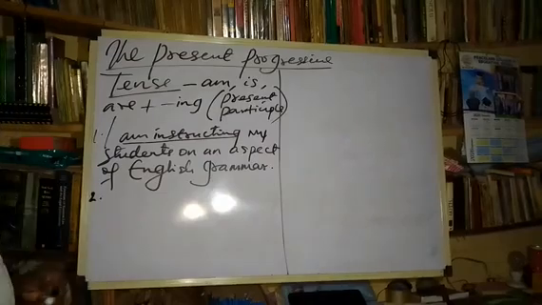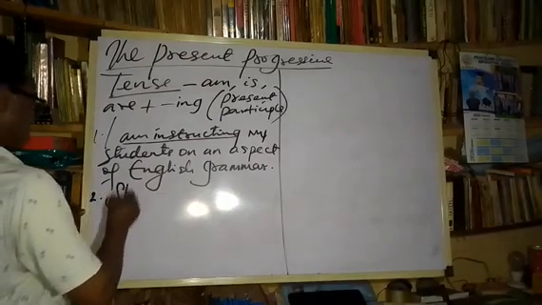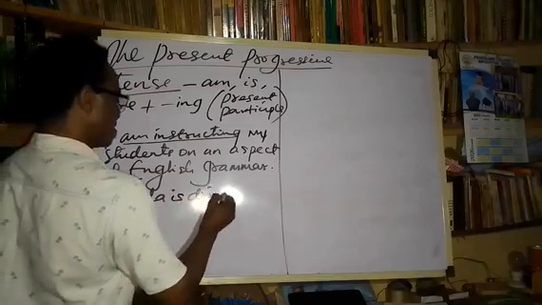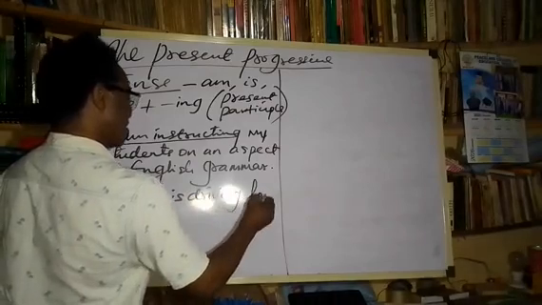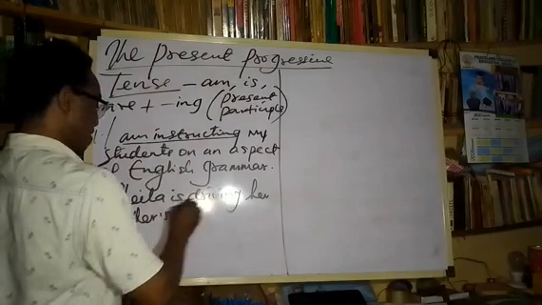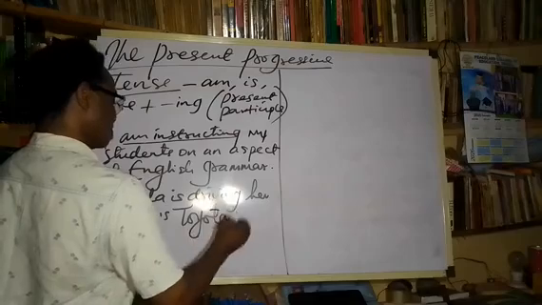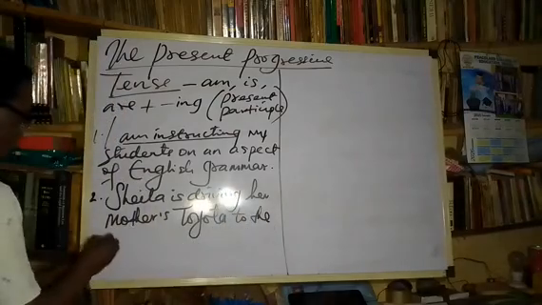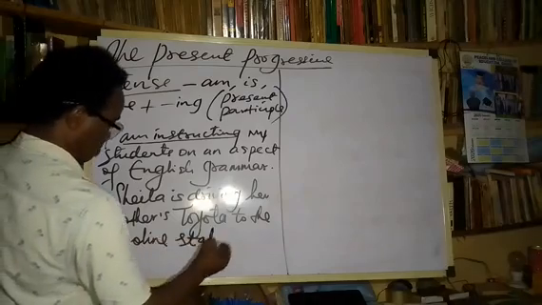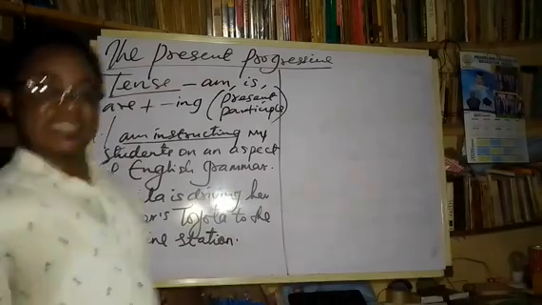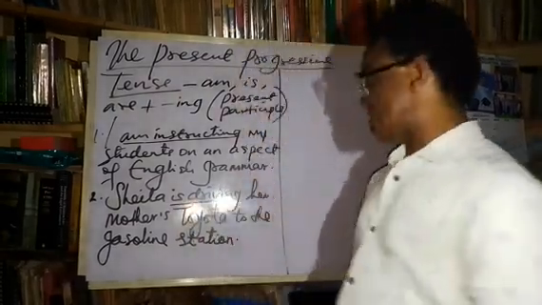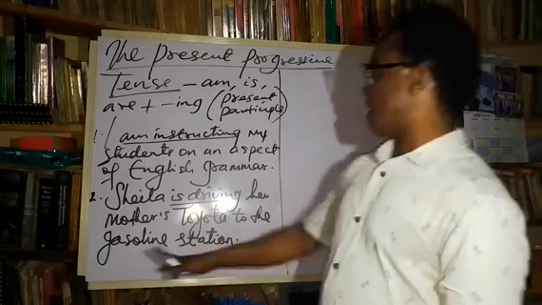Let us take another example. Sheila is driving her mother's Toyota to the gasoline station.